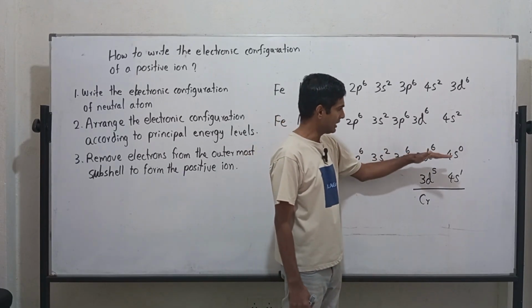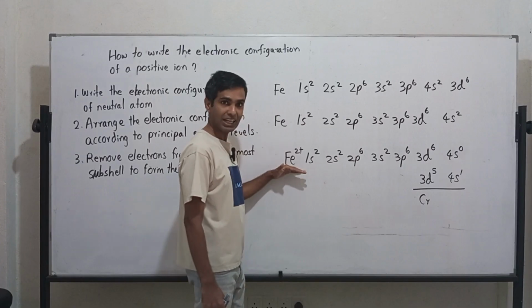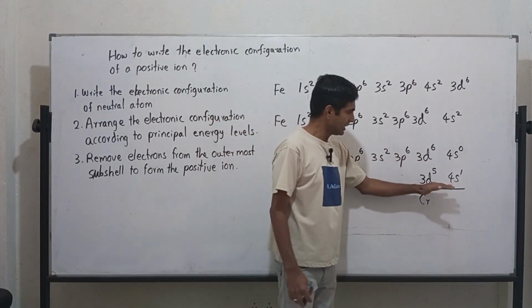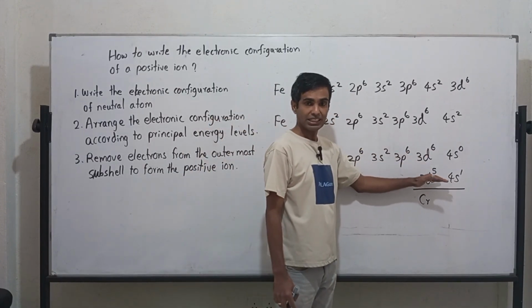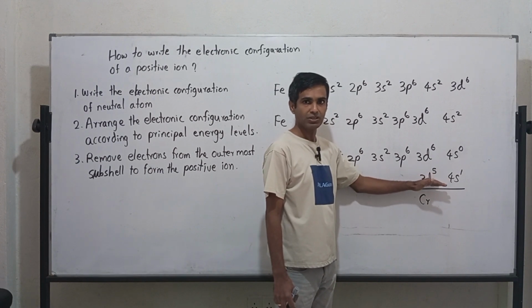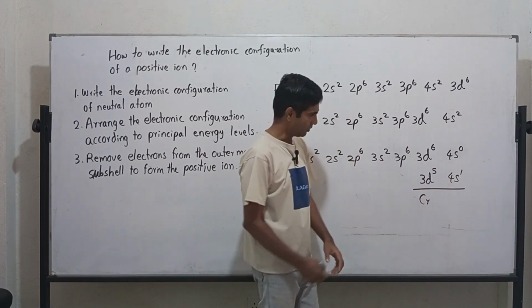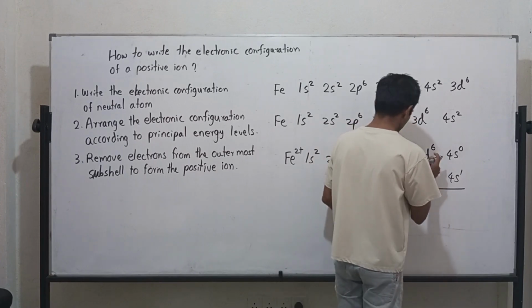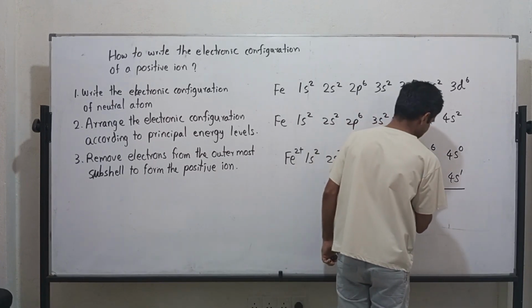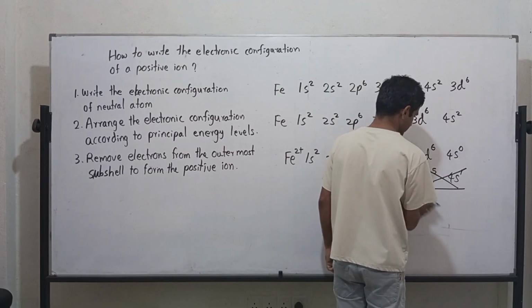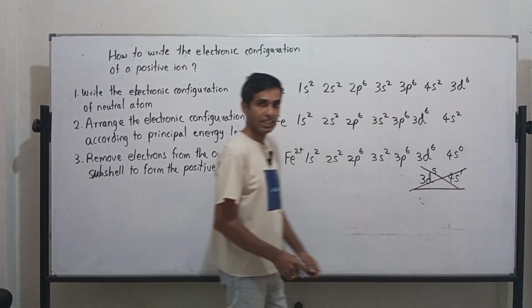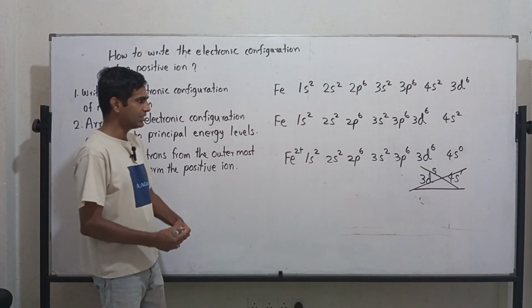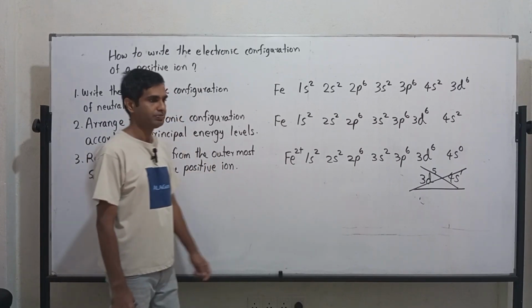Because of that, the electronic configuration of ferrous ion doesn't change to the electronic configuration which is similar to chromium. Therefore, if you write something like this for ferrous ion, it is incorrect. It is correct for chromium, but it is incorrect for ferrous ion.